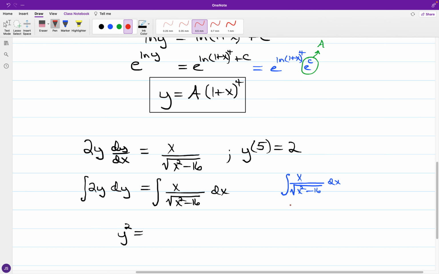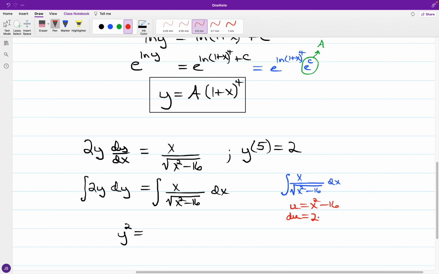here I can utilize u substitution. If I set u equal to x squared minus 16 and take the differential, u goes to du, x squared minus 16 goes to 2x dx. And putting dx in terms of du, we have dx is equal to du over 2x.